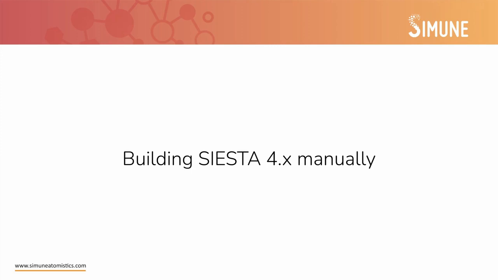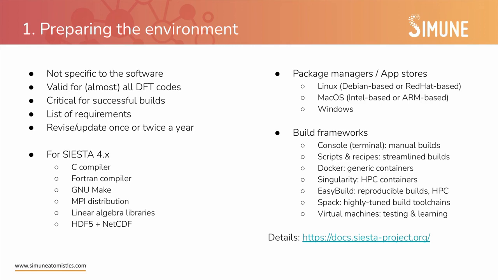We will now explore 3 examples. The first one is to build a version of SIESTA 4 manually, and we will give more details in this case. So, preparing the environment is a step that is not specific at all to the software you want to build. What we will do here is valid for almost all DFT codes.